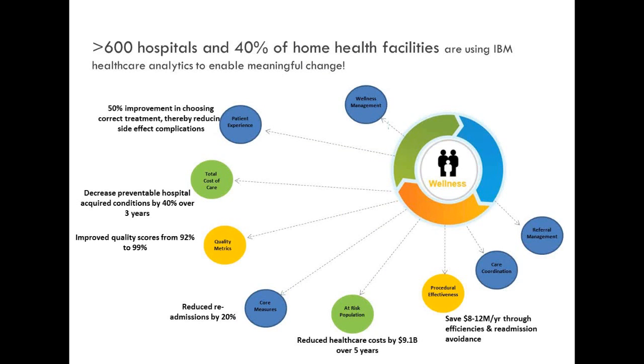This slide just shares with you a few metrics of customers IBM has worked with and the results that they've gained that really help them achieve the objectives of improving quality and decreasing costs. And I think, as I said earlier, what goes hand in hand with that is better consumer engagement.